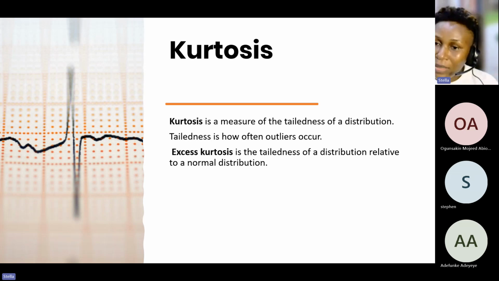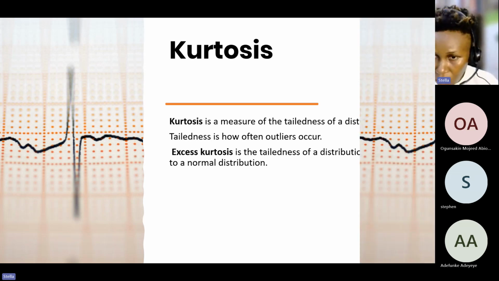In a scenario where the tails are larger or thicker, we have more data points that are outside the mean, outside the median, outside the mode. They are very far away from the center of our data, whether in smaller values or in larger values. So that tailedness is one of the ways we know how well our data is doing.